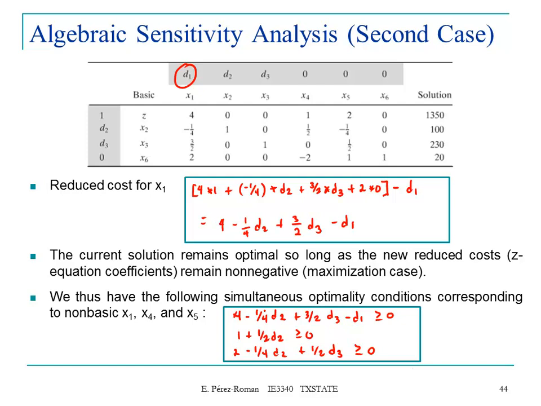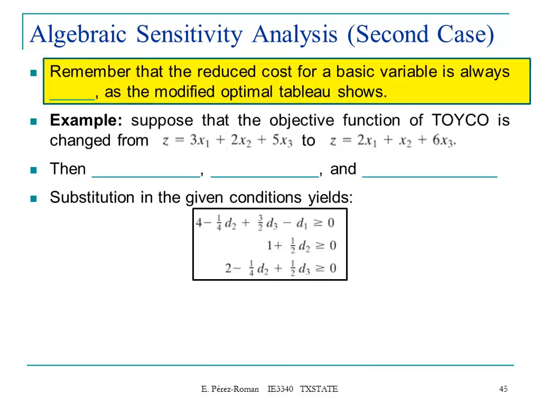So the optimality conditions, as long as this is satisfied, we will keep our feasible solution and we'll get an optimal solution. Remember that the reduced cost for a basic variable is always 0, as the modified optimal tableau shows.